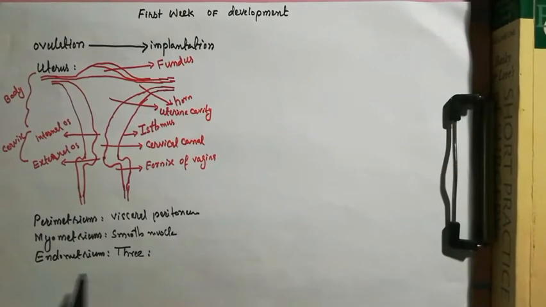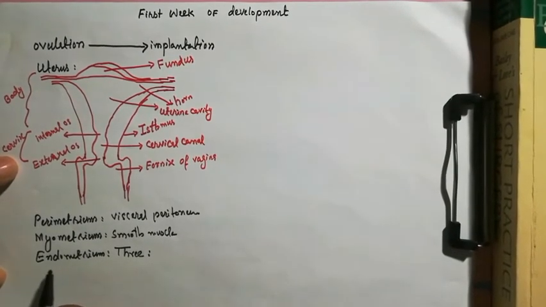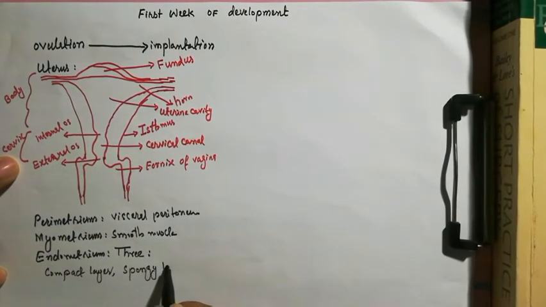The 3 layers of endometrium are compact layer, spongy layer, and basal layer.